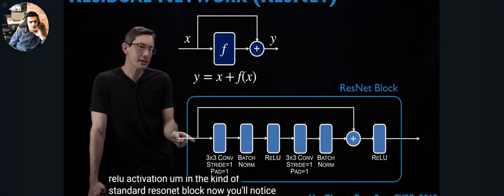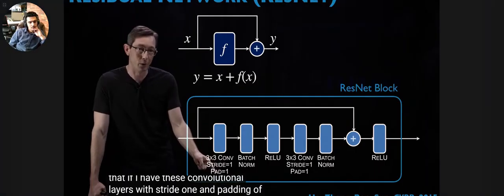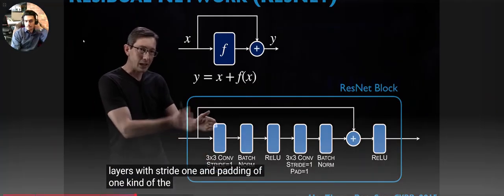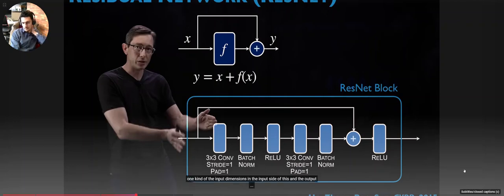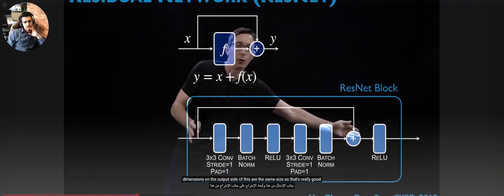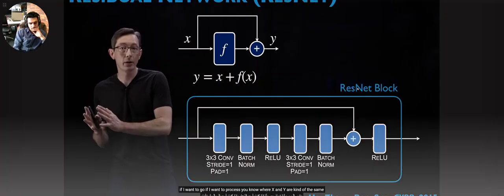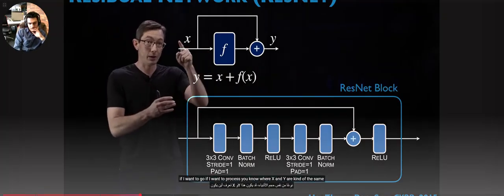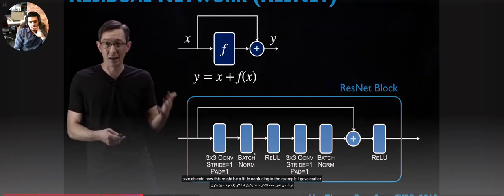Now you'll notice that if I have these convolutional layers with stride 1 and padding of 1, the input dimensions on the input side of this and the output dimensions on the output side of this are the same size. So that's really good if I want to process data where x and y are the same size objects.